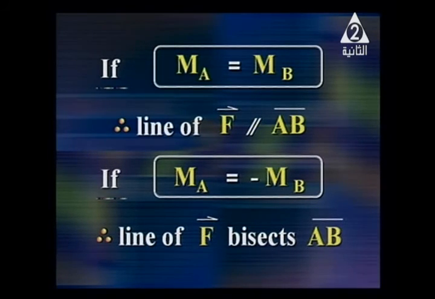When required to prove that the line of the force bisects AB, we find the moment about point A and the moment about point B, and we deduce that the moment about A equals the additive inverse, negative the moment about point B.